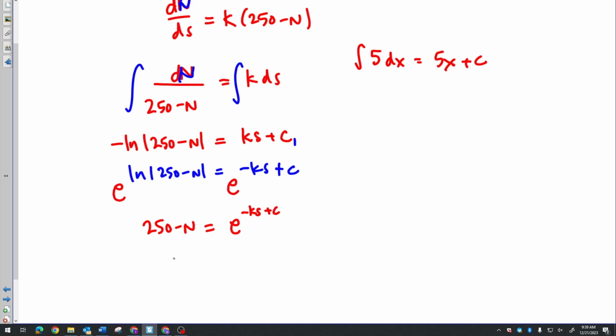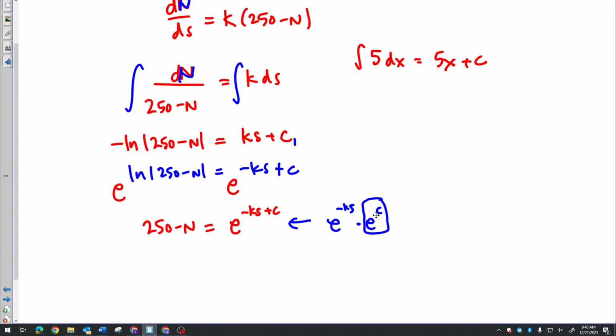And so I'm going to do what you did on your warm-up. This right here is actually equal to e to the negative ks times e to the c. Do you agree with that? That's what we did on our warm-up. And s is a variable because s is like x. But this e to the c, isn't this just a constant raised to a constant?